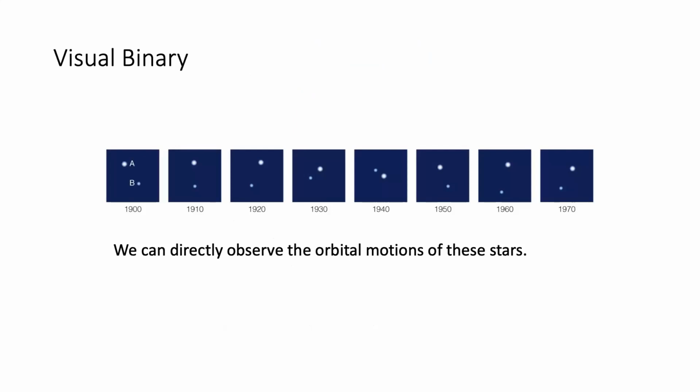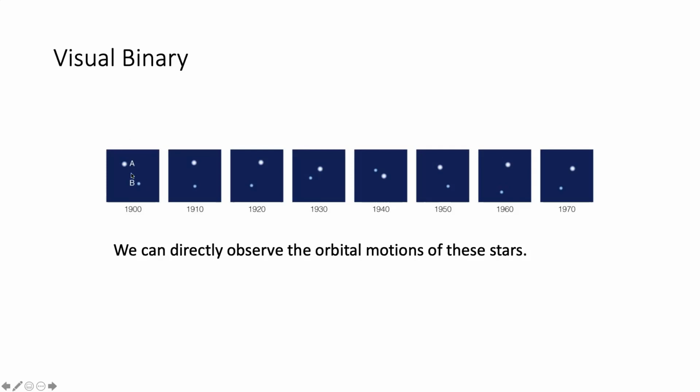If the stars are orbiting in the plane of the paper, but from your perspective you're seeing the plane like this, you're not really able to capture the binary system the same way. For something to be a visual binary system, we need to directly be able to observe the motion of both stars. And you can see here on the PowerPoint slide, there are two stars, stars A and B.